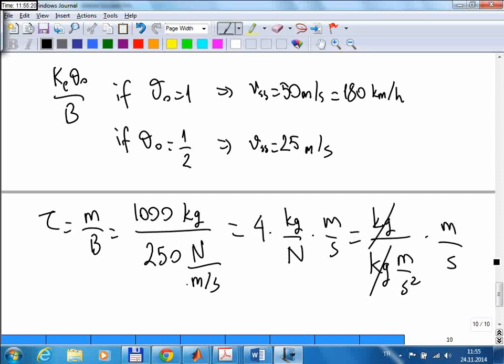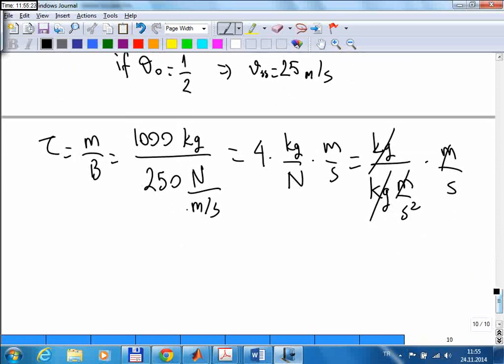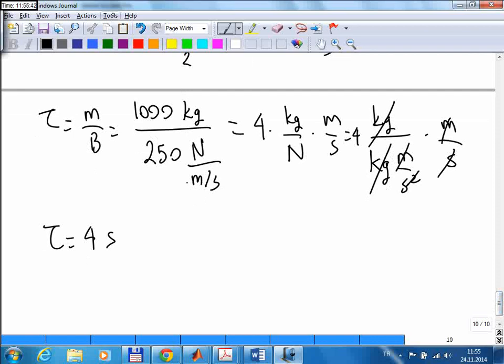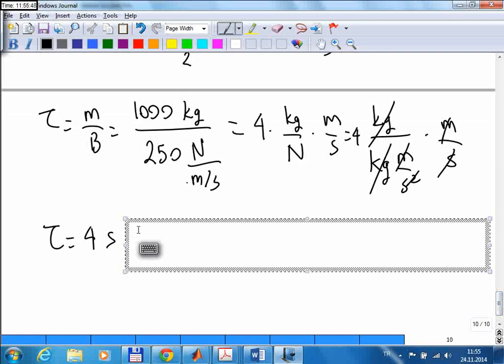So these kilograms cancel each other out, and these meters also cancel each other out. In the end we find tau as 4 seconds. The unit of that is seconds, so that's why we call this the time constant.